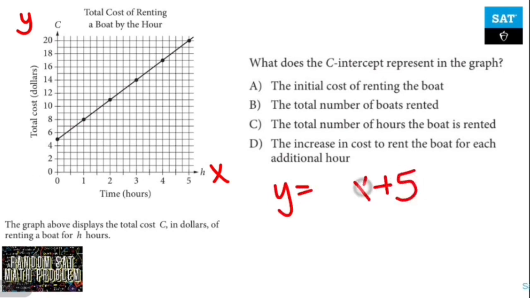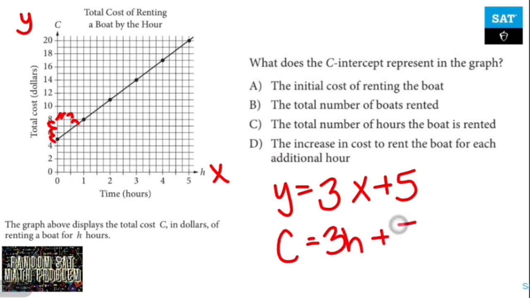It looks like my slope is going to be up 1, 2, 3 over 1. So my slope is 3 over 1. Change that to C equals 3h plus 5.